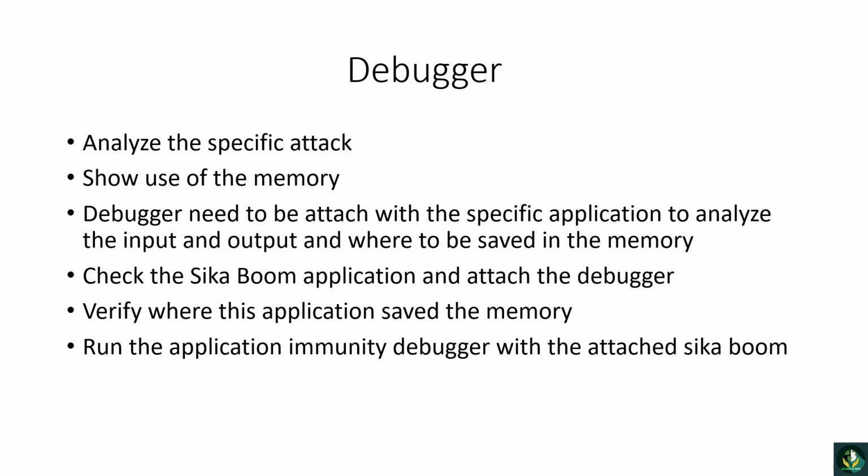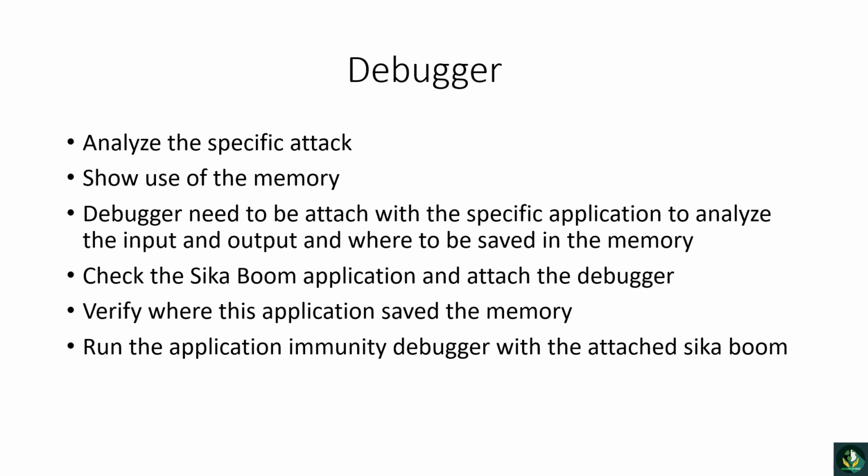You're going to see lots of hex and assembly stuff like that, and this actually doesn't matter, so don't get confused and don't worry about anything else, because we're looking at the specific input in this Immunity Debugger.